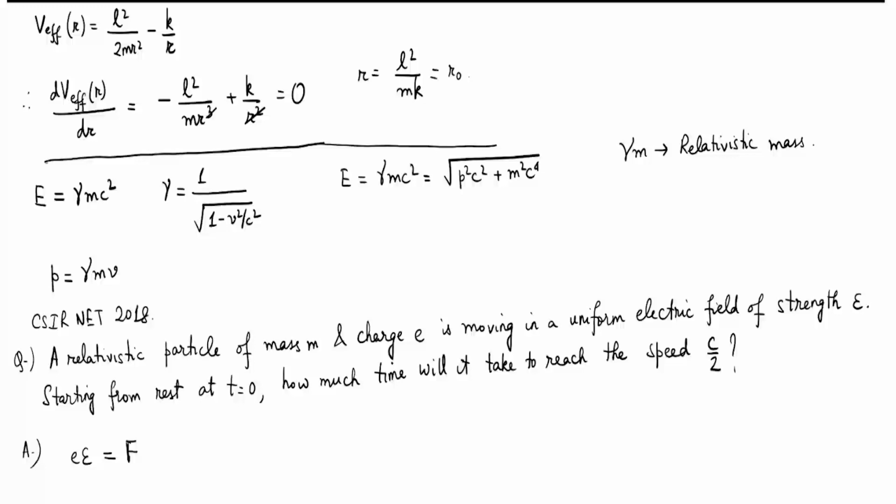So dp by dt. F equals dp by dt. So now, what do you have to do? Next step. So F equals e epsilon equals dp by dt.